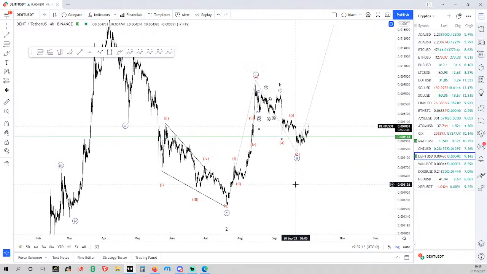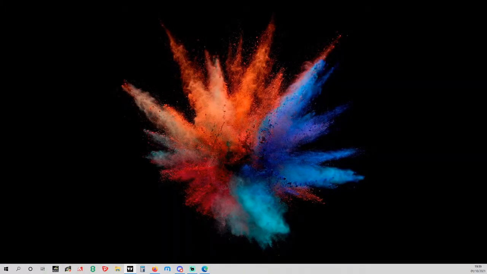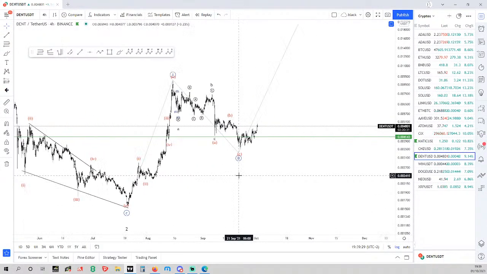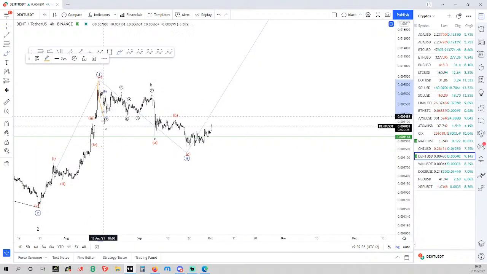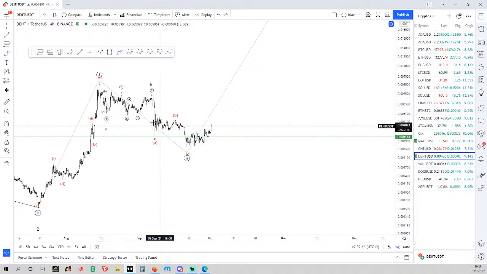It's also interesting though, this move down, that was the subject of my last video. That move down was quite interesting, because as I said in the video, it can either be 1, 2, 3, 4, 5, or kind of more of a correction.